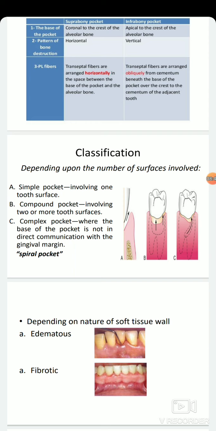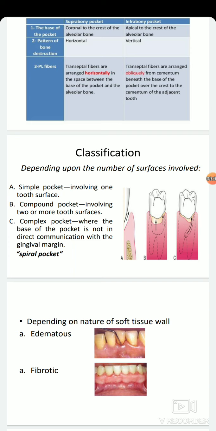Based on the number of surfaces involved, pockets are classified into simple, compound, and complex pockets. Simple pockets involve only one tooth surface, where pocketing takes place on one tooth surface.